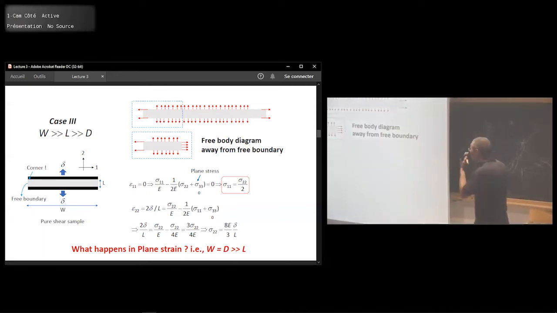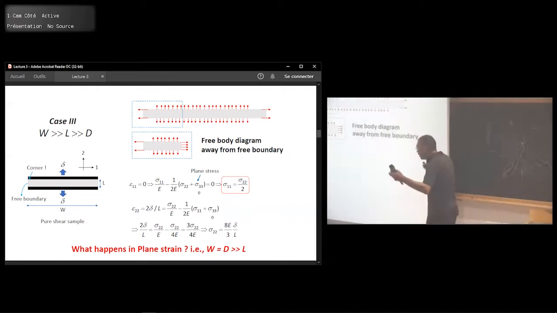So now everywhere is this, but when you get close to the edge, because you're clamping this, when you do a test, this guy here will want to come in because of the Poisson ratio effect, but it can't come in because you're gluing it to the rigid support.